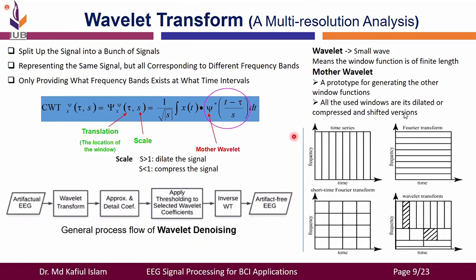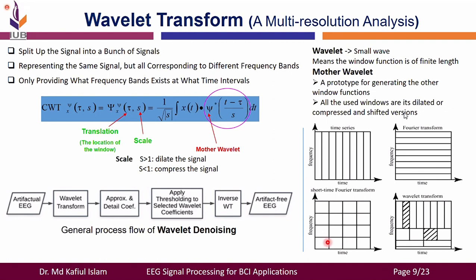So this is a wavelet transform. Wavelet transform is a nice trade-off in that it gives you both time and frequency resolution. If you have a time series, you have only time resolution. If you apply FFT to get the Fourier transform domain, you get only frequency resolution. If you apply short-time Fourier transform, you have both time and frequency resolution at the same time. However, the frequency resolution is uniform.